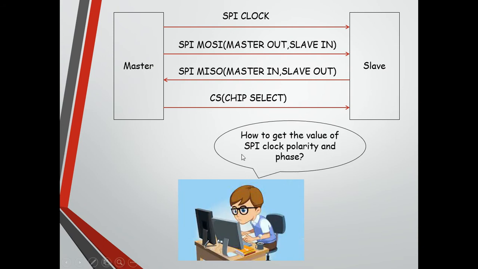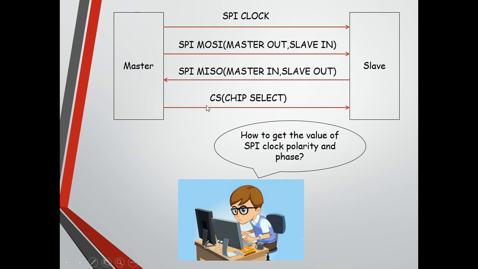Now, how do we get the value of SPI clock polarity and phase? That means how will you figure out which mode we have to program our master device in? Whether our master device will have clock polarity as 0 or 1, or phase as 0 or 1.